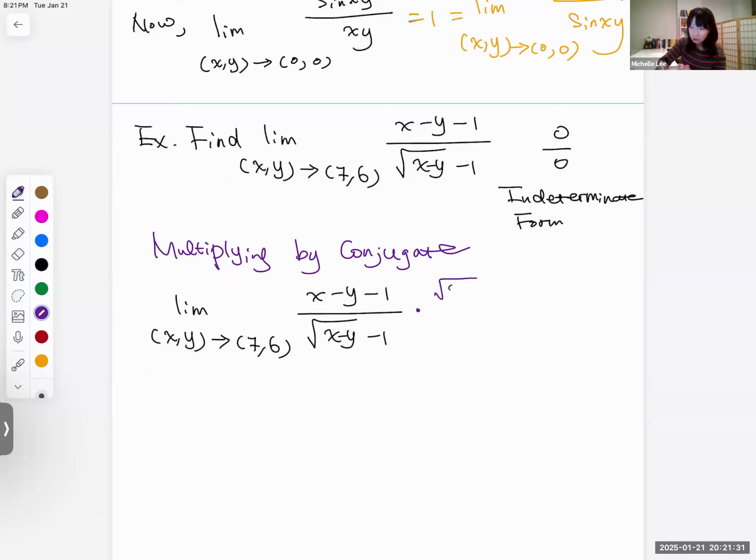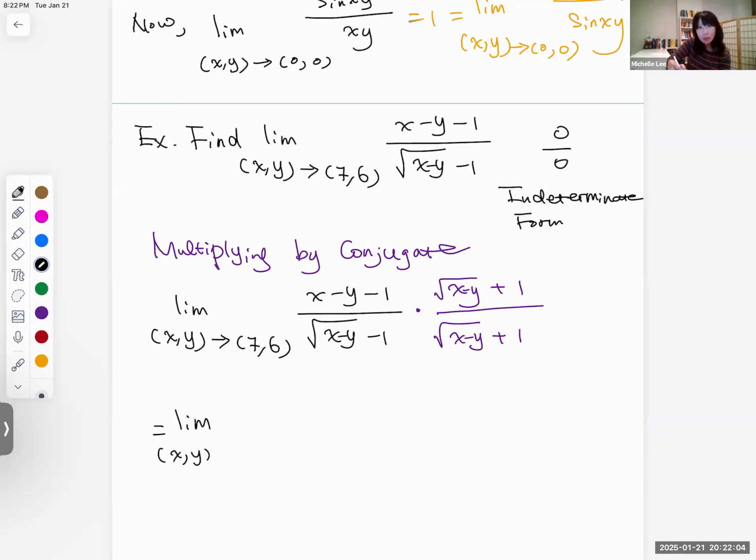So square root of (x minus y) plus 1, over square root of (x minus y) plus 1. That's the conjugate, only the sign is different. Then let's simplify. Why are we multiplying by the conjugate? Because we want to get rid of that radical, right?